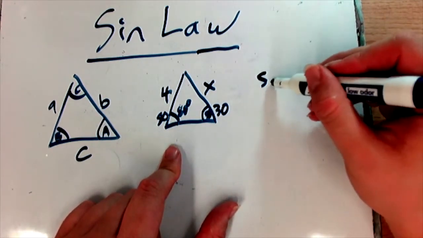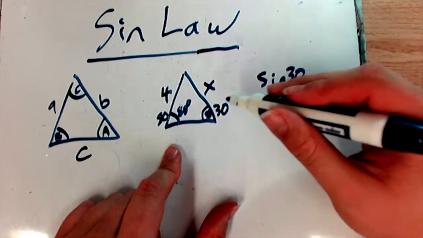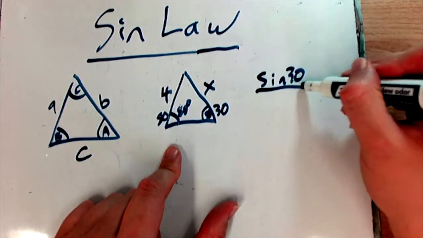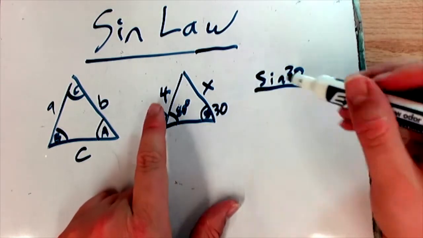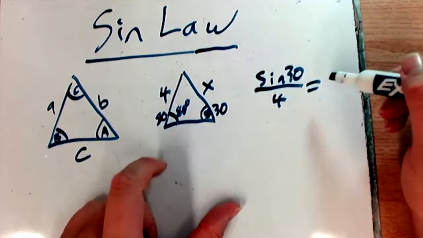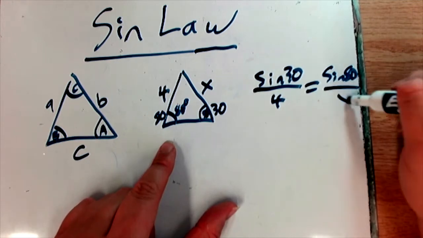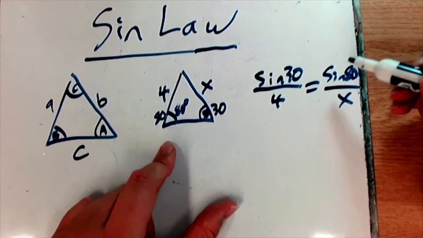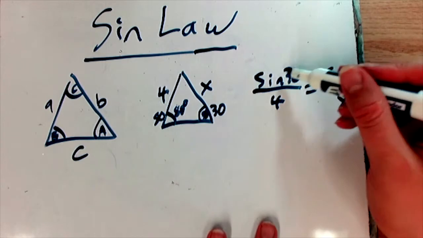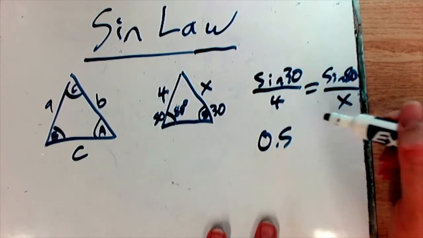So sine of 30 divided by the corresponding length, which is 4, equals sine of 80 divided by x. And this is just some algebra. I happen to know that sine of 30 is 0.5, so I can do that on my calculator.